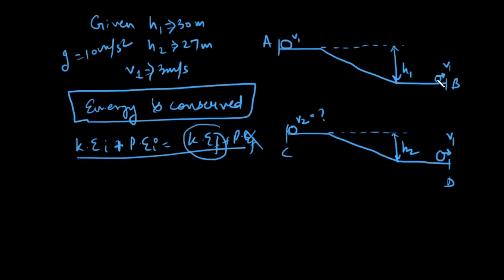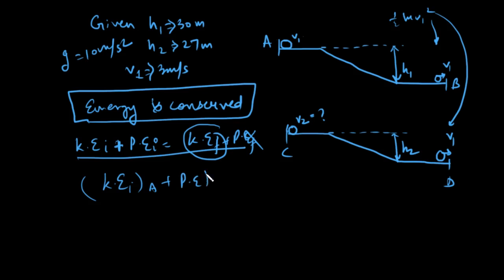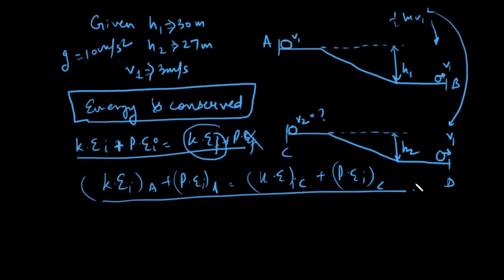Final kinetic energy of both the discs is the same because the velocity is the same, and the discs are identical, so masses are the same. Hence half m v1 square would be the final kinetic energy here, and also here it would be the same. This means KE initial for A plus PE initial for A would be equal to KE initial for C plus PE initial for C. We can directly equate the two.